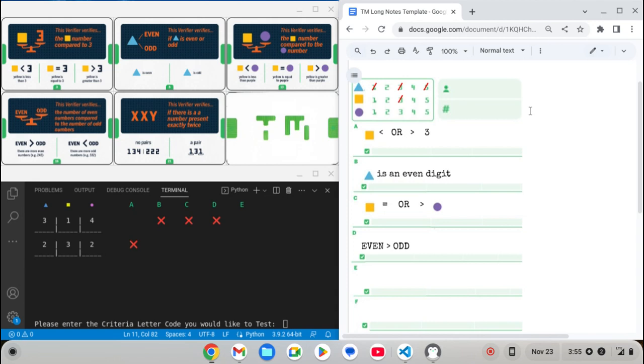And if circle were 5, then there's nothing square could be that could be bigger. So that's true. We can cross out the 5 in circle. Obviously it can't be 5: no 2 odds, and there's not a square value that's bigger than 5. I'm not sure if I could have crossed that out earlier. Could I? Not sure.